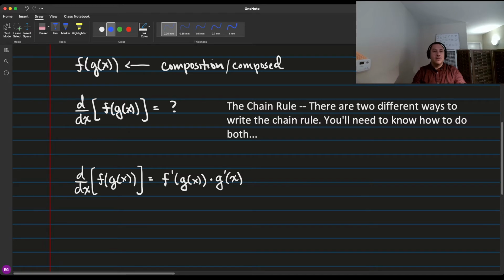Okay, so when you're doing these problems, you first need to identify your outer and your inner function, because it's a composition. One will be outside, one will be inside. So notice, to take the derivative, the chain rule basically tells you, hey, take the derivative of the outer function.